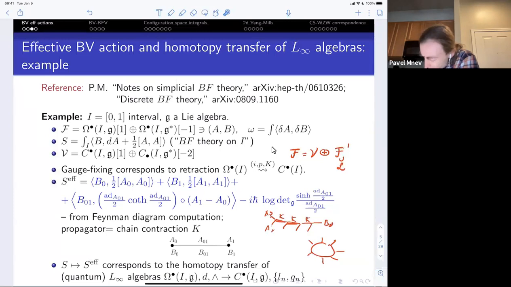When you do this computation, there are some integrals that need to be evaluated, and they give you Bernoulli numbers for some reason. And so this effective action has this form. A0, A1, A01 are just the components of this cochain. B0, B1, B01 are the components of the chain. So this is a function on this finite dimensional space.